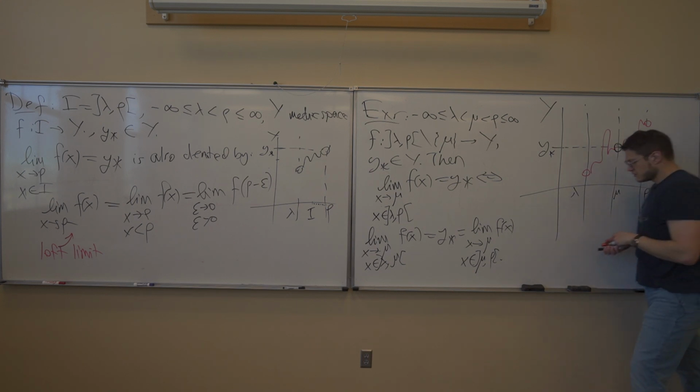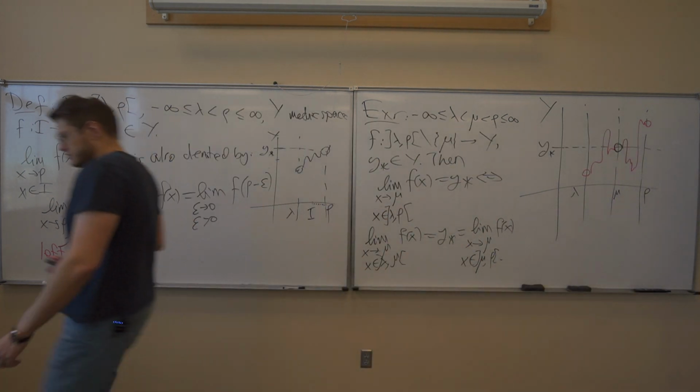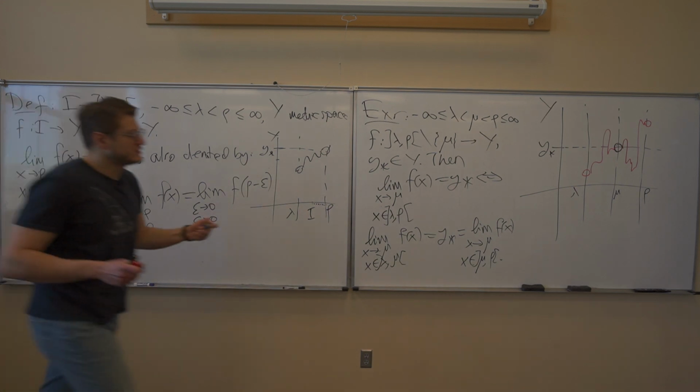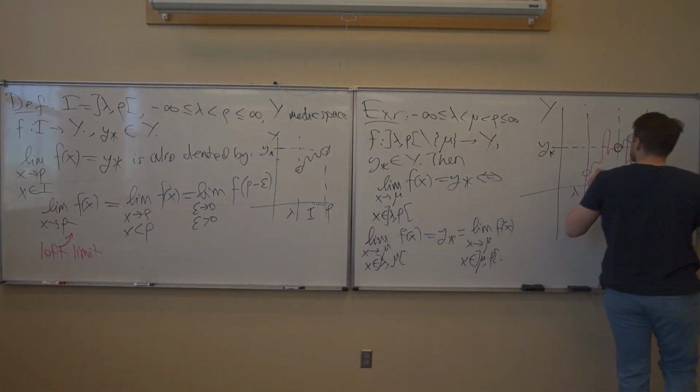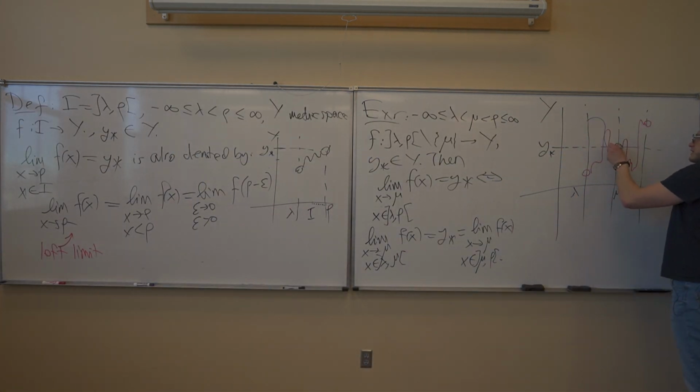Okay? What could have happened is something like this. Let's say that this guy approaches this point, but then from this side it approaches like this. Okay? Here, the limit as x goes to mu does not exist. So there's a jump discontinuity.